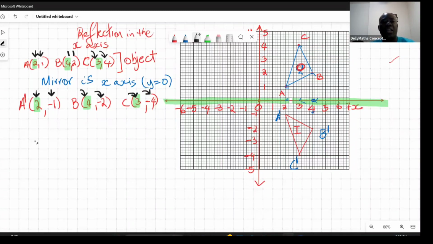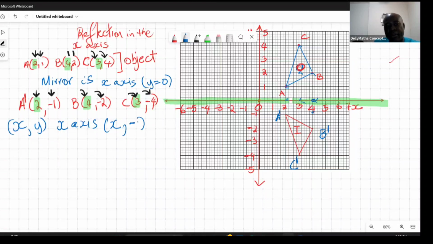So what you're noticing is a general thing where when you reflect in the x-axis, watch this. So if we're talking about having a coordinate (x, y), and we reflect in the x-axis, I'm going to put x-axis, because we're under reflection here, so you know that. So reflect in the x-axis. x remains as x, but y does not remain as y anymore.